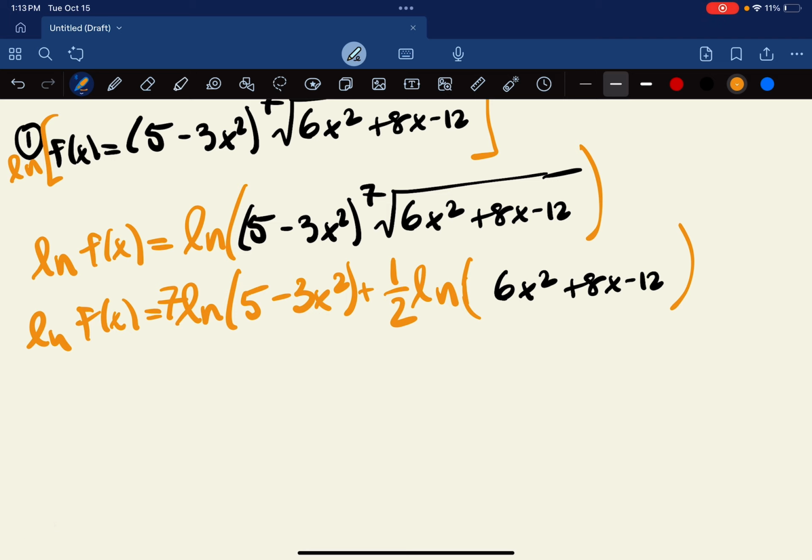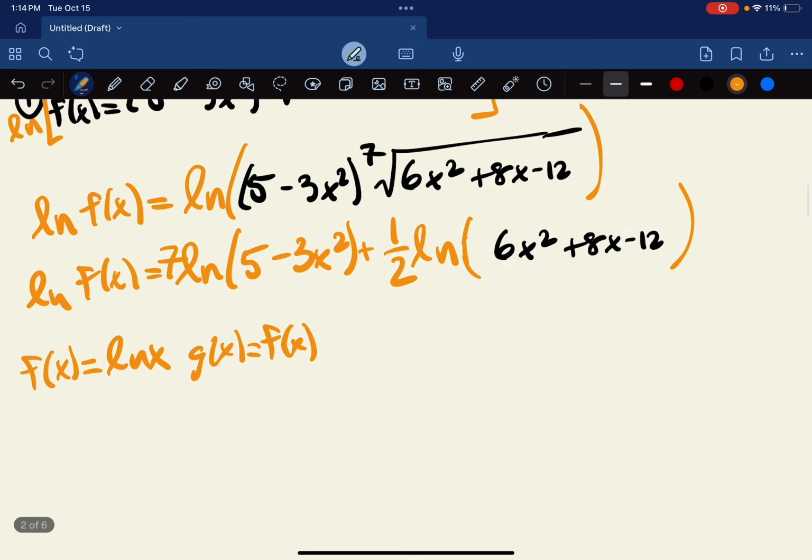So the derivative of ln of f of x is a chain rule problem. You could go through the chain rule. I'll do it once, where our outside function is ln x and our inside function is f of x. The derivative of ln x is 1 divided by x, and then the derivative of f of x is just f prime of x.